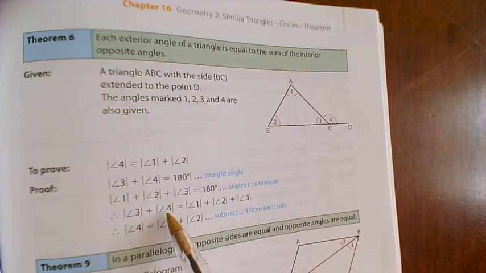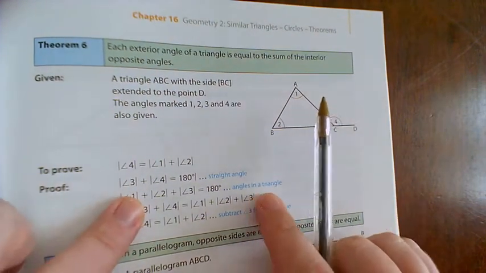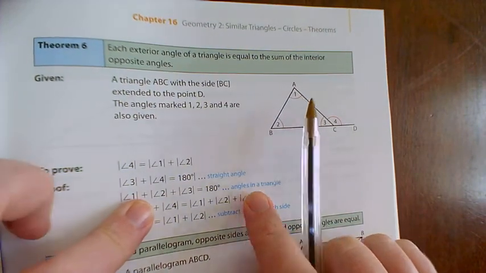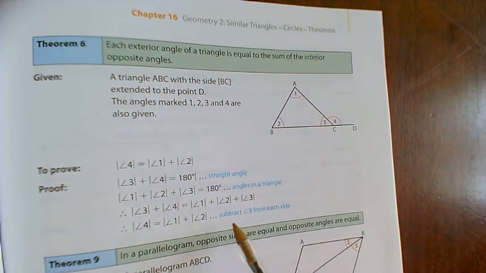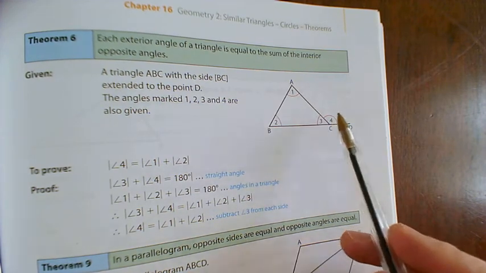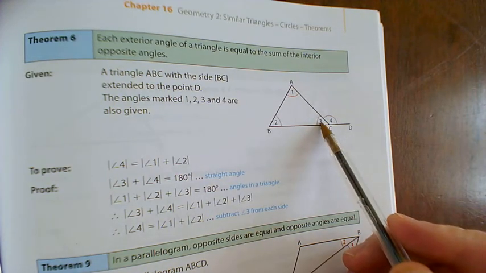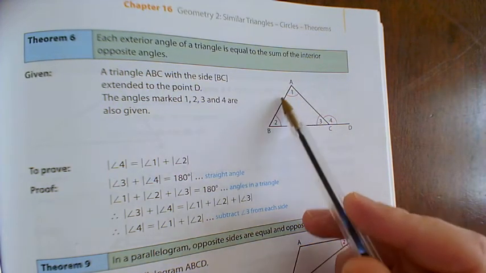So angle 3 plus angle 4 is equal to angle 1 plus angle 2 and angle 3. And angle 3 is on both sides, and if I cover that up, because it's the same on both sides, angle 4 is equal to 1 and 2. And that's what they do there. They just take away the 3. And you've proven that that angle is equal to both of these. So for example, if this was 40 degrees, this would be 140, and both of these would obviously add up to 140.